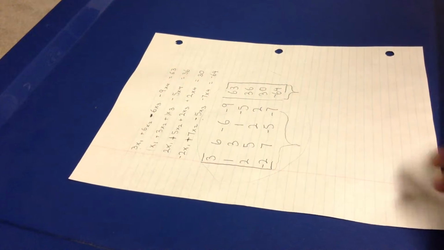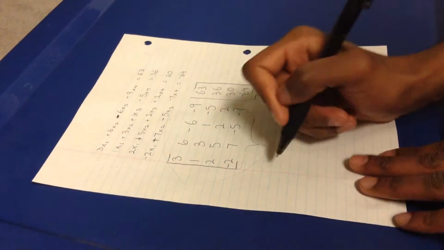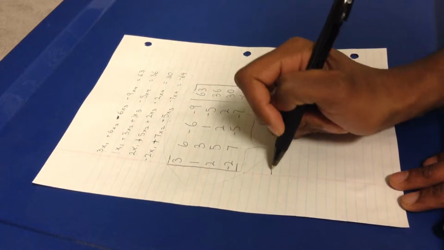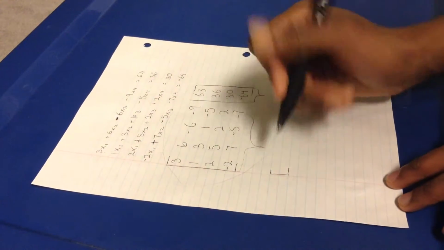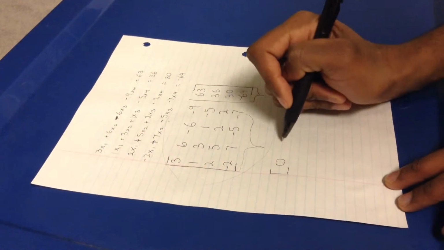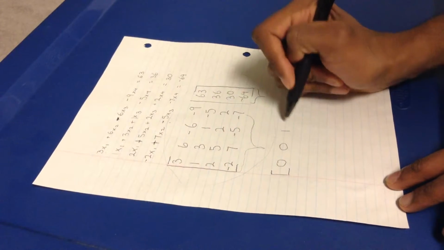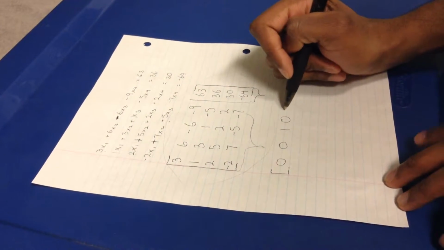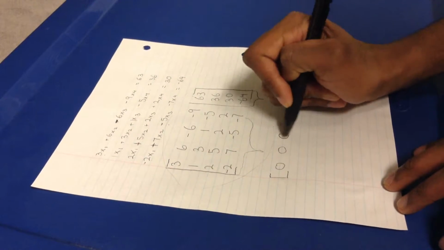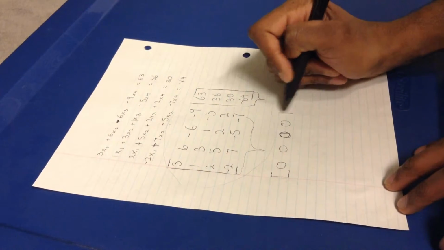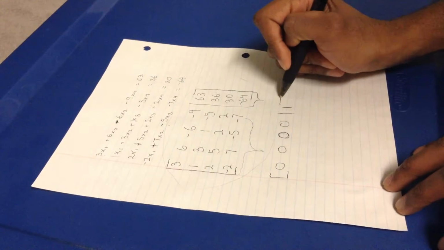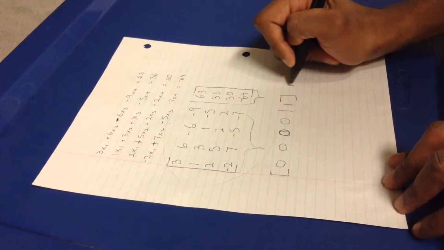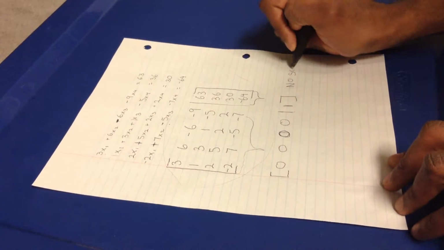I'm going to write this out for you really quickly. If you end up with 0, 0, 1, 0, where this is meant to be a 0 and this is meant to be a 1 in your matrix, this leads to no solution.